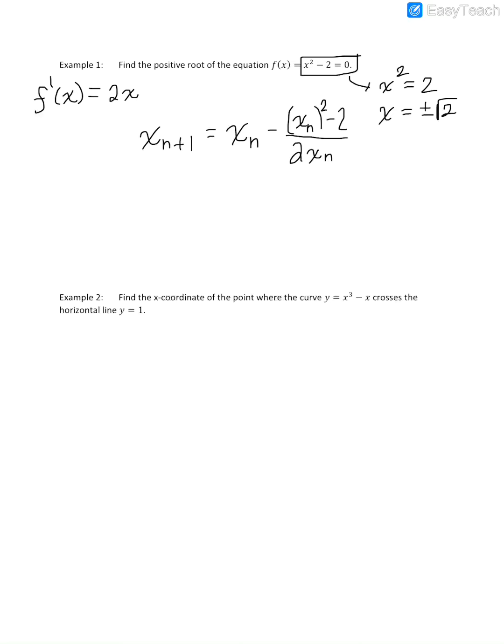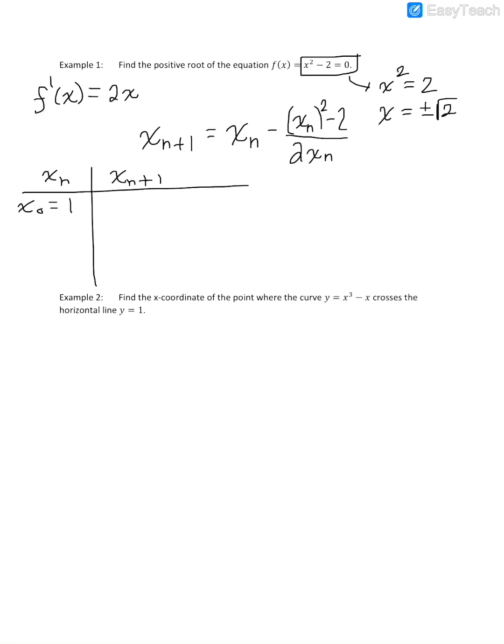All right, so now we're just going to make a little table. This is going to be x sub n, so it's like which one I'm on. And then over here is going to be x sub n plus 1. And that's where I'm plugging in my value from the previous one. Okay, so we're going to start out with a guess. Since we're doing the square root of 2, my first guess is going to be 1.